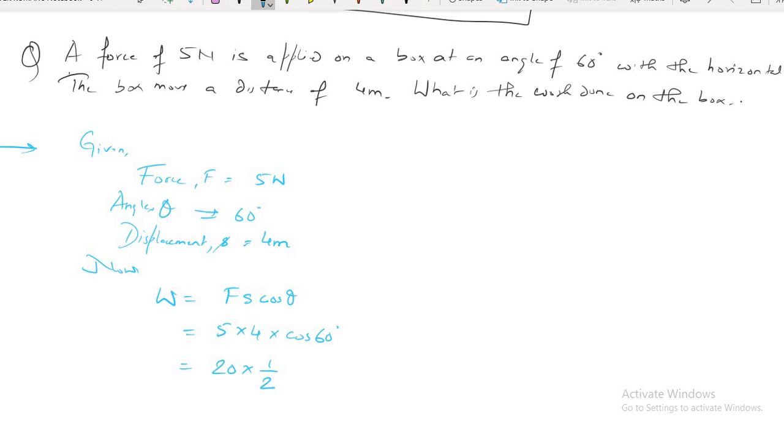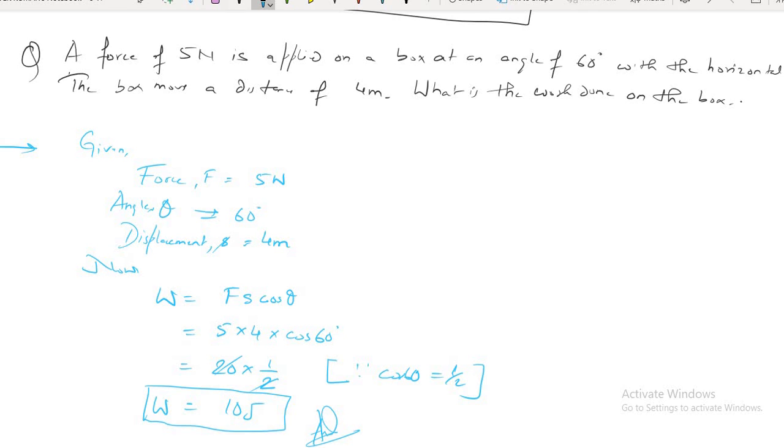Cos 60 is equal to half, which we have taken from trigonometry. Refer to your trigonometry. It will come as 2 tens are 20, so work is equal to 10 joule. This is the work done. This is the way you will do it. This is the answer. Understood?